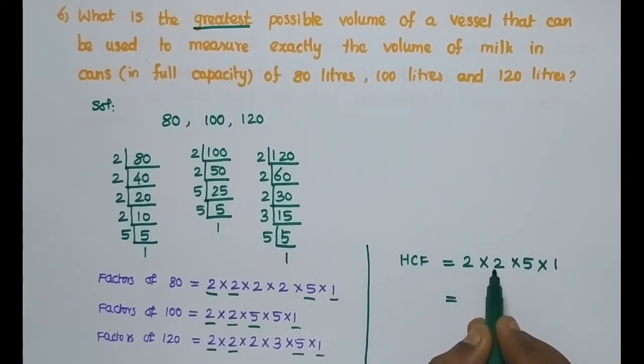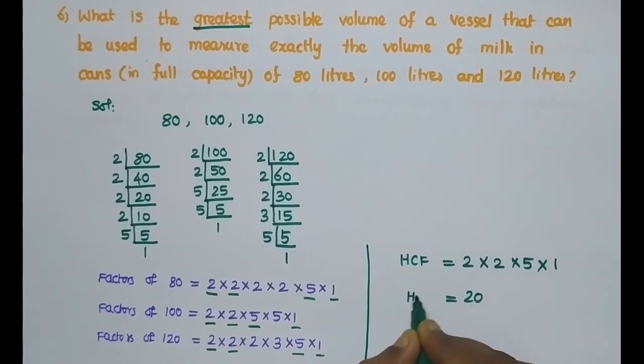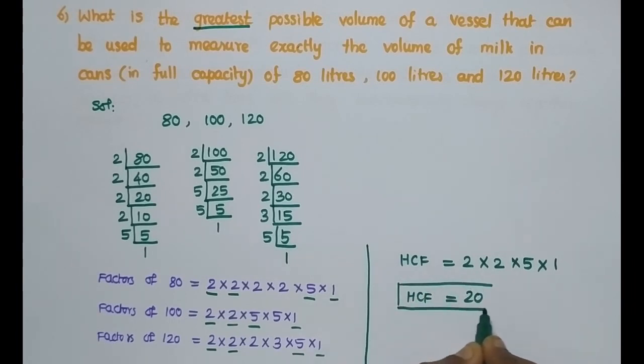So 2 2s are 4, 4 5s are 20, 20 into 1 is 20. So HCF equal to 20.